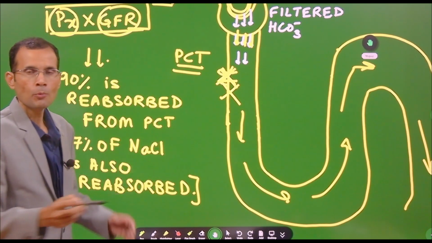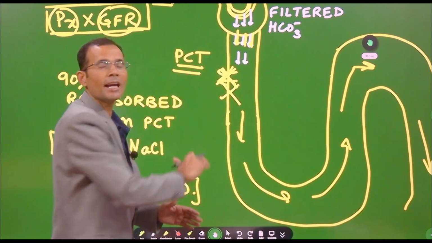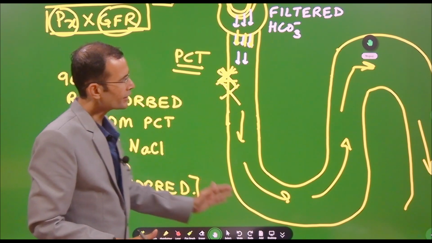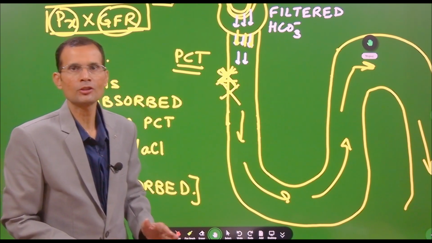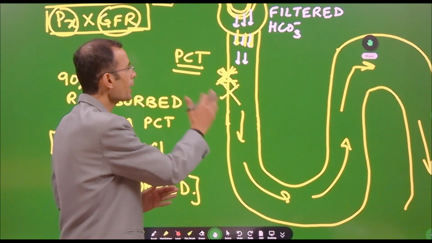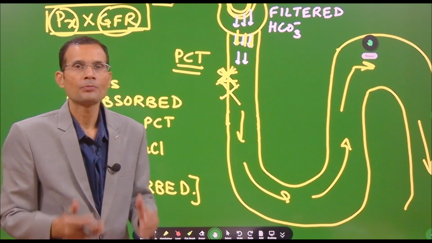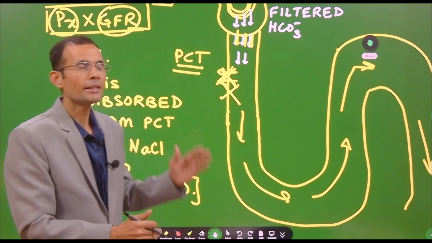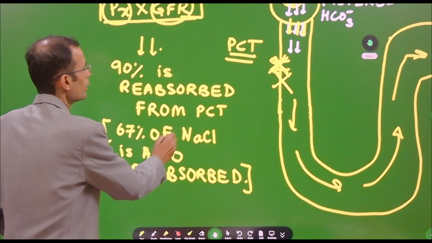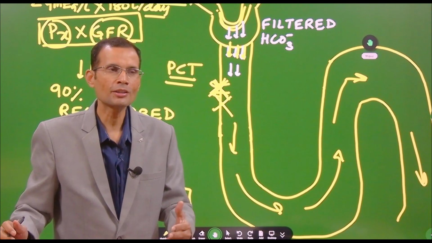90% or even more than 90% of the bicarbonate which got filtered is reabsorbed from the PCT, and the rest is reabsorbed in the other segments of the nephron. So the major bulk of it is reabsorbed from the PCT, and that is where the action occurs in the case of carbonic anhydrase inhibitors. Before we proceed further, let me add one more bit of physiology.